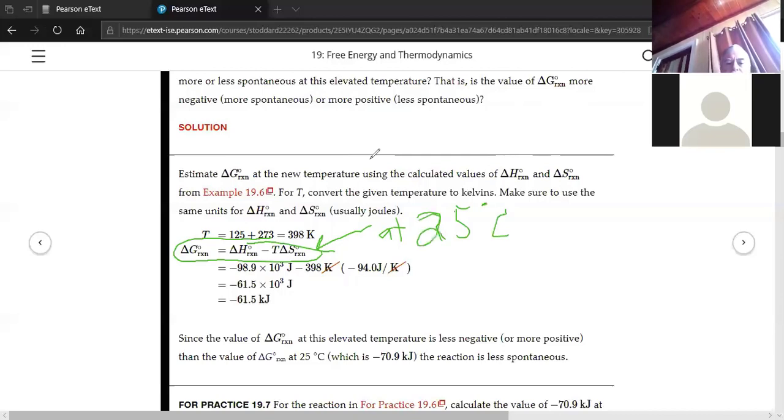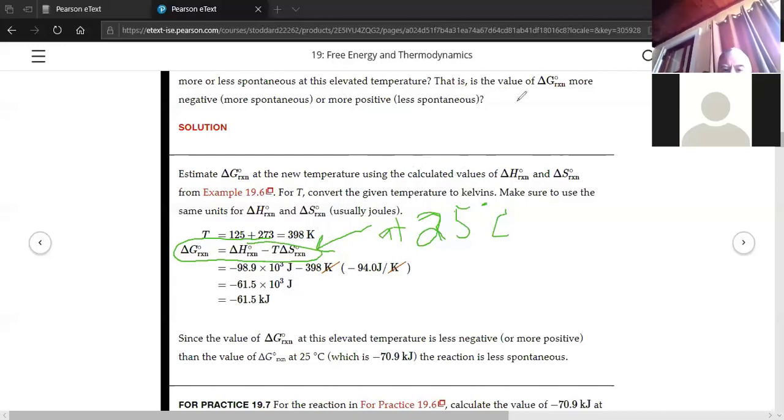So what they do here is they make an approximation that the temperature dependence of delta H and delta S is fairly insensitive. So in other words, the values of delta H and delta S don't change much with temperature.